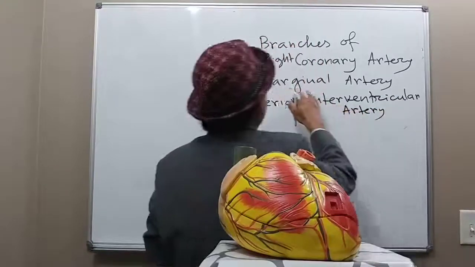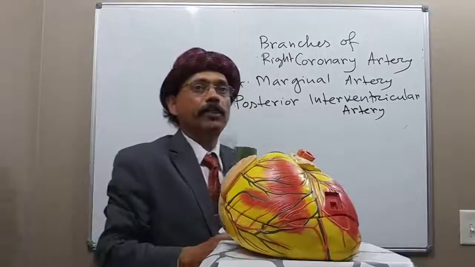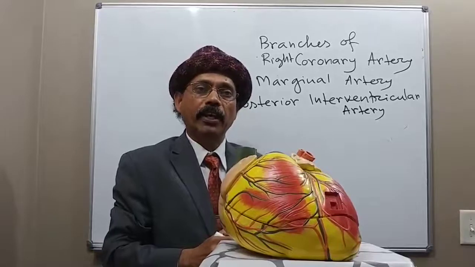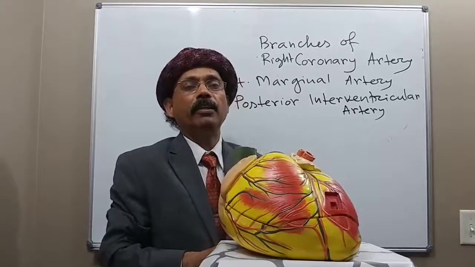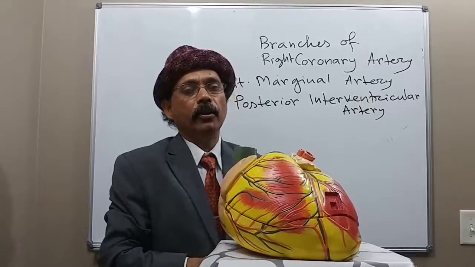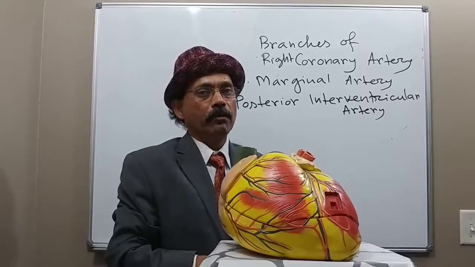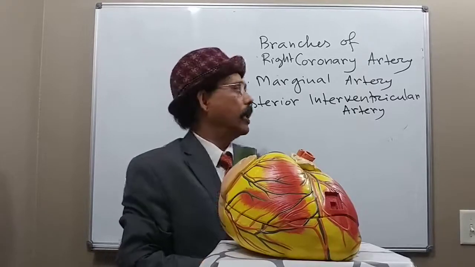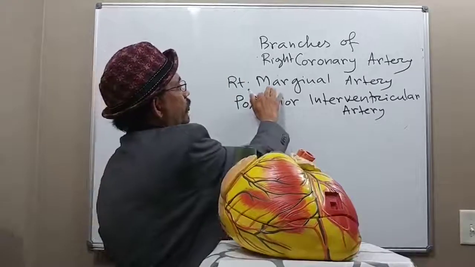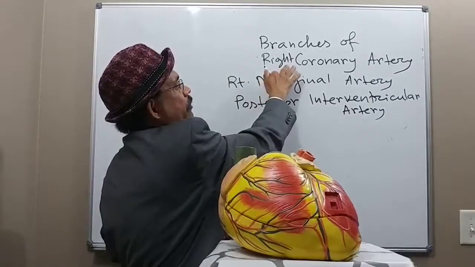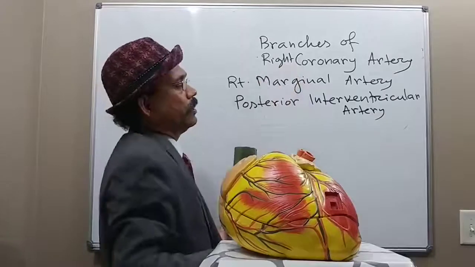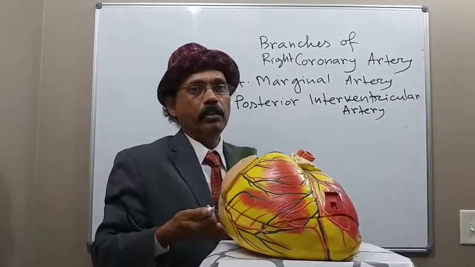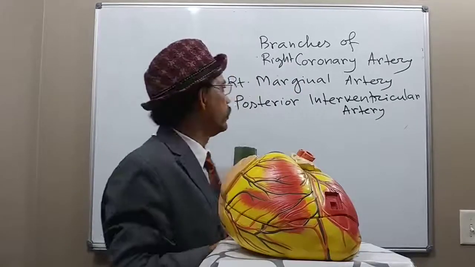Right marginal artery is accompanied by the right marginal vein. The right marginal vein may be a continuation of the small cardiac vein, or it may be an independent vein that opens into the right atrium directly. Right marginal artery is always a branch of the right coronary artery. It passes along the inferior border of the heart.